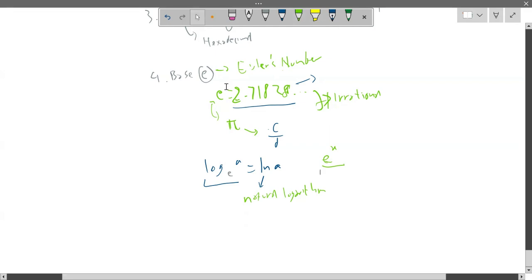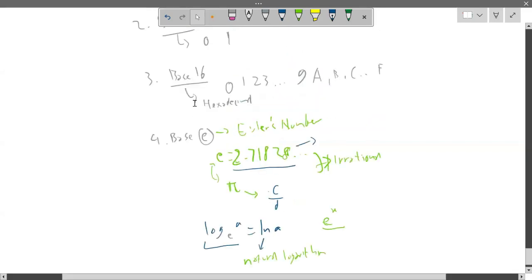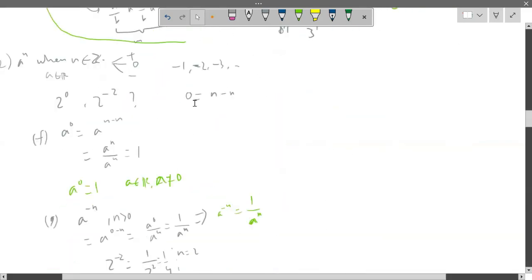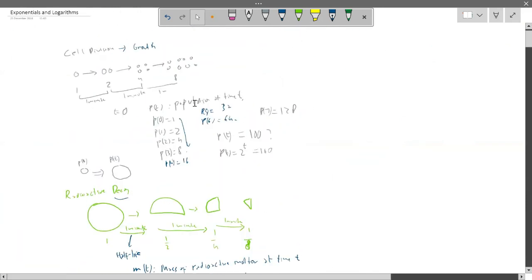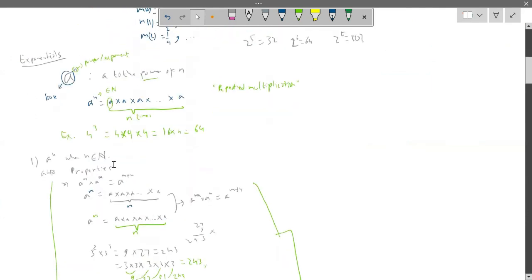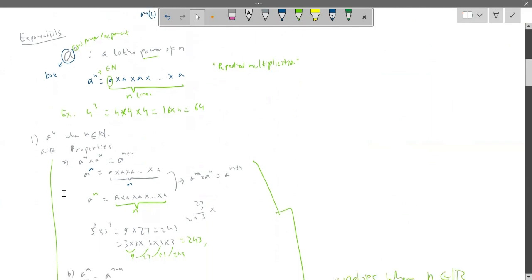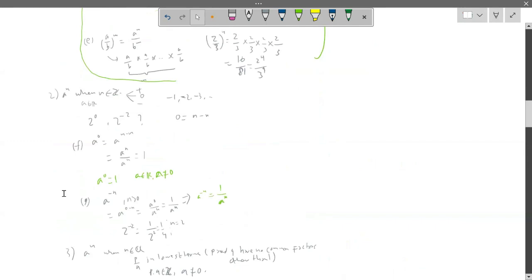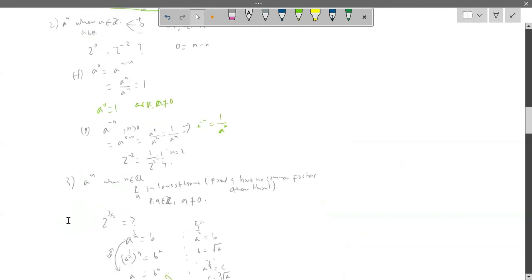Okay, so I think that's all I'm going to talk about exponentials and logarithms. It's been quite a long one here. So we've learned about the applications of exponentials, then the anatomy of an exponential expression, and then what happens when the power is a natural number, an integer, so like any integer, including zero and negative integers.